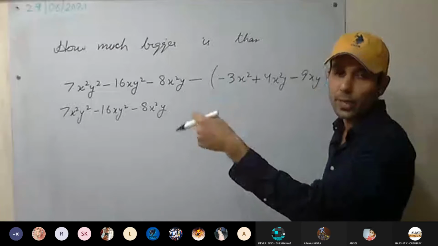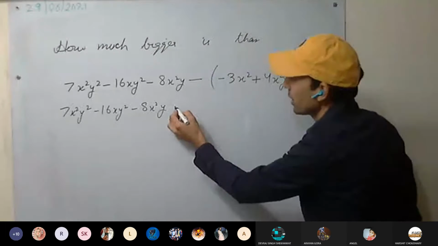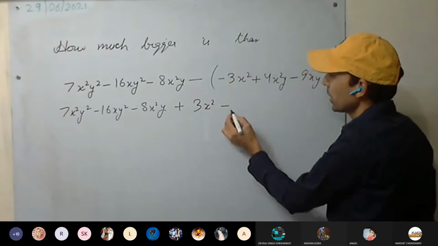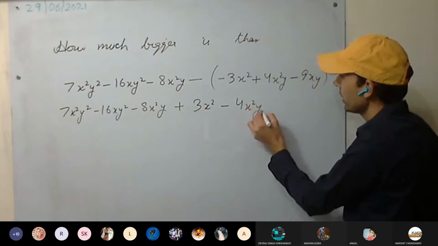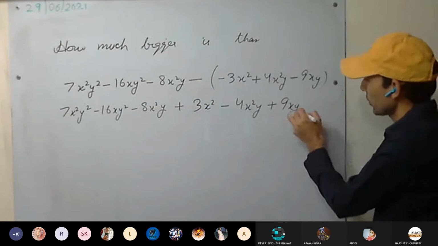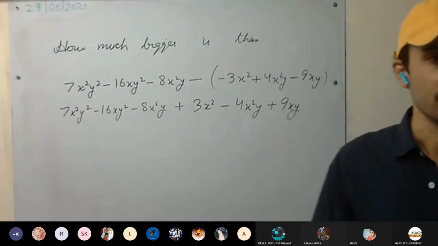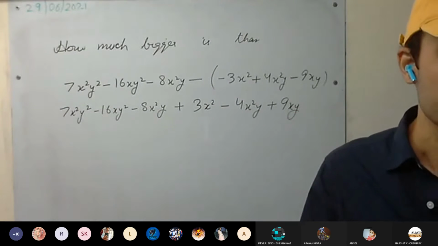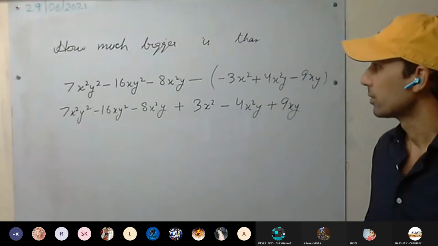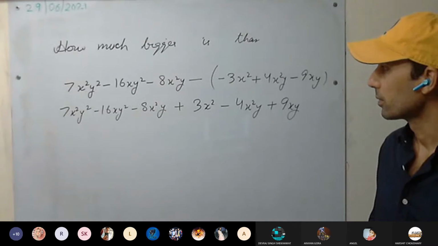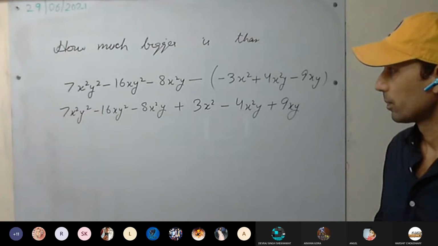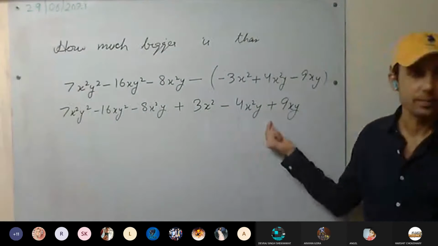Now minus minus plus 3x square, minus plus minus 4x square y, minus minus, it will be again plus 9xy. Is this clear? Have you understood this one?